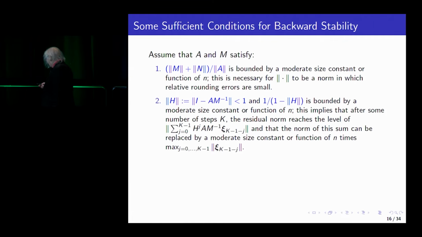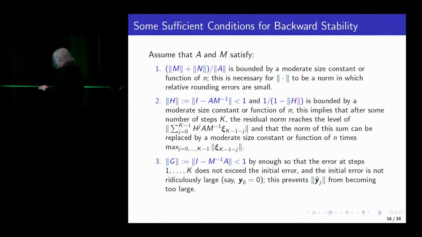The norm of h, we want that to be less than 1, and enough less than 1 so that when we pull out that 1 over 1 minus the norm of h and express our error in terms of the maximum round-off error, 1 over 1 minus norm h is a moderate size constant or function of n.